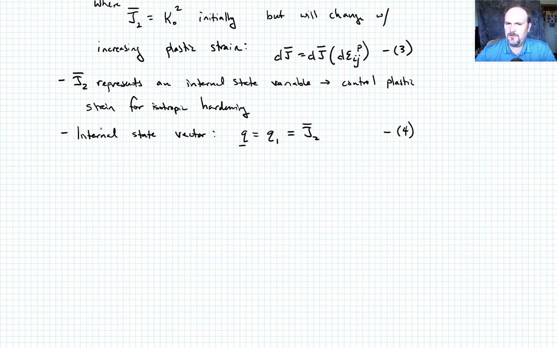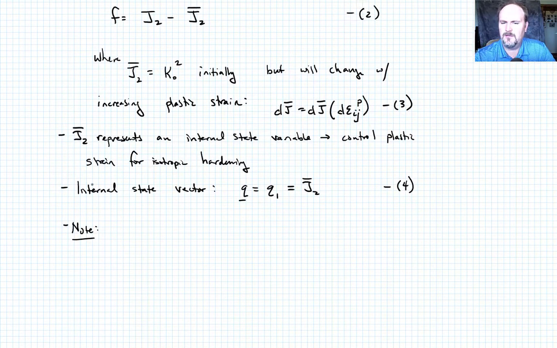One thing I want to point out, so just note this. Equation 2 that I wrote above, let's see if I can scroll up so you can see a little bit better. Right there.